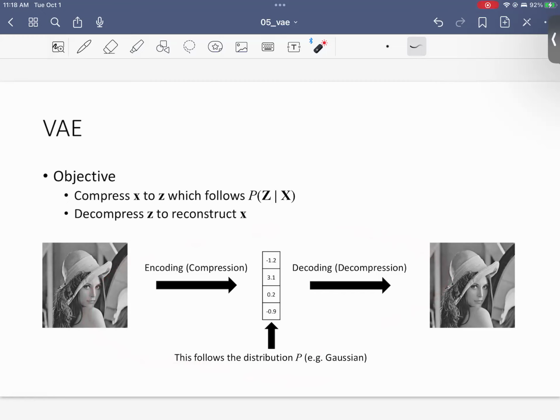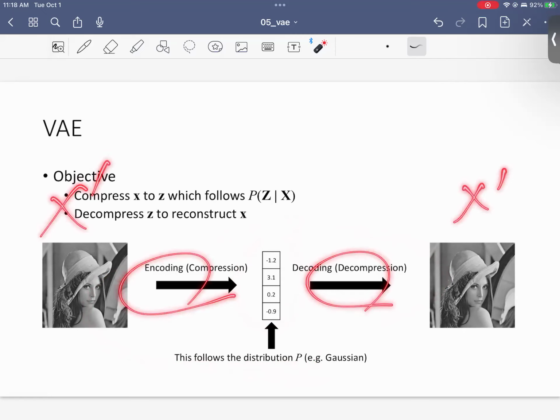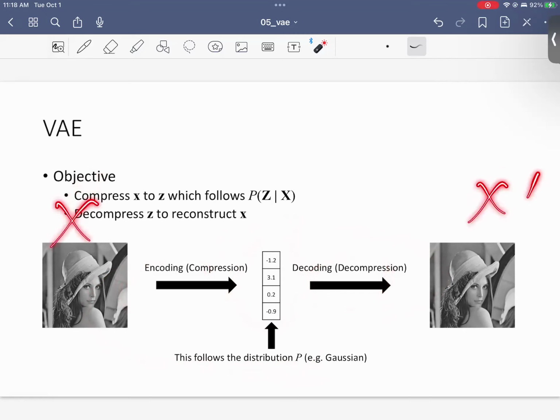So instead of a vanilla autoencoder, there's one more condition, which is that we want the latent variable Z to follow a certain distribution. That is the only added condition. The other is exactly the same. You want to compress and decompress, and you want X prime to look exactly like X.